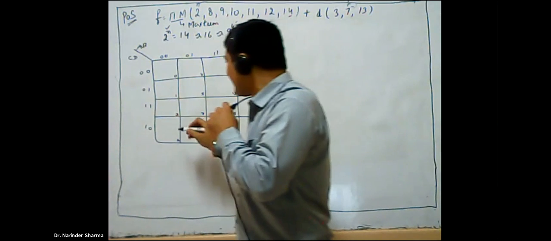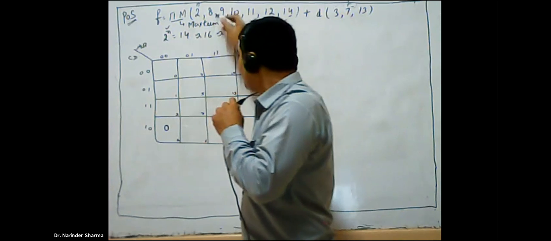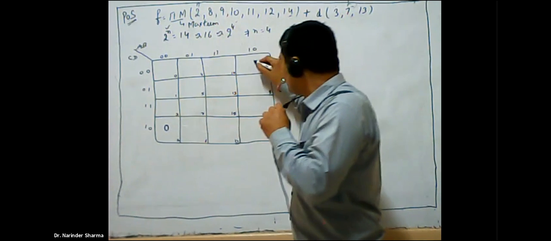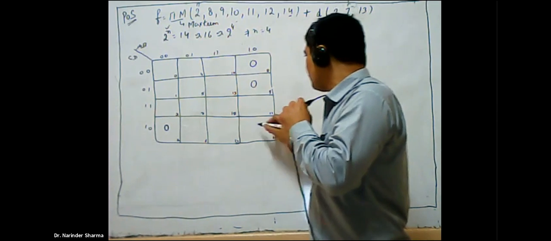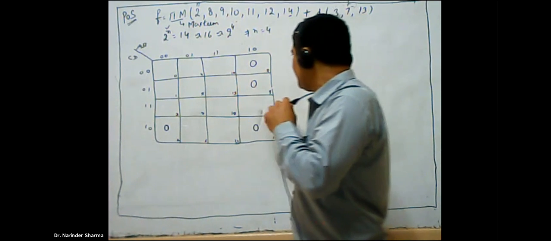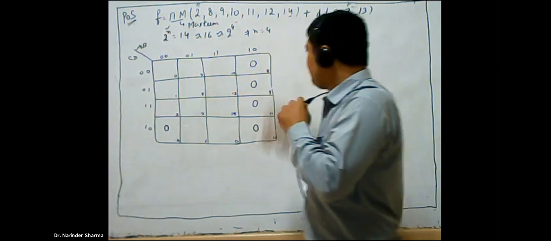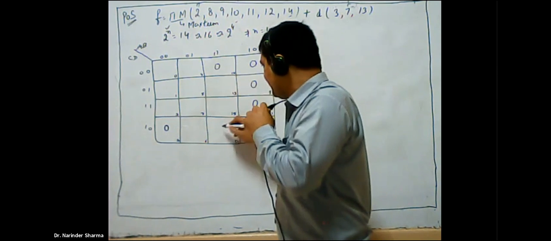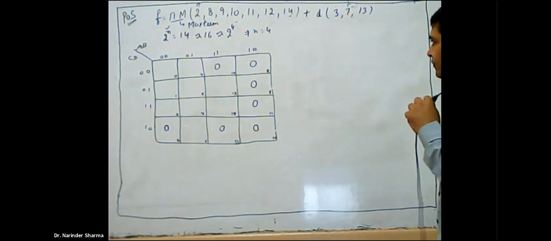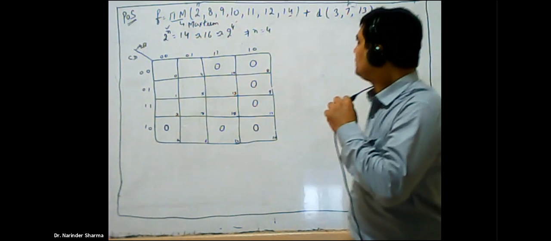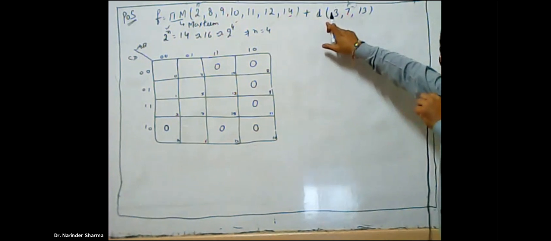At second position, you have to fill 0. Then 8, you have to fill 0. Then 9, 0. Then 10, 0. Then 11, 0. 12 and 14, you have to fill 0 at these positions. No, this is the don't care.